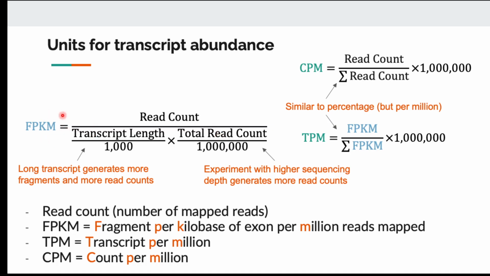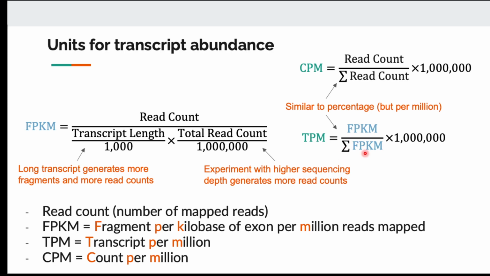And FPKM, even though it's normalized by these two effects, is still not a composition. If you sum the FPKM for each sample, they're not going to sum to the same number. So people thought, why don't we convert FPKM to percentage? And that's why we have another unit called TPM, or transcripts per million. So basically they take the FPKM, which is already normalized for the gene length and the read count.